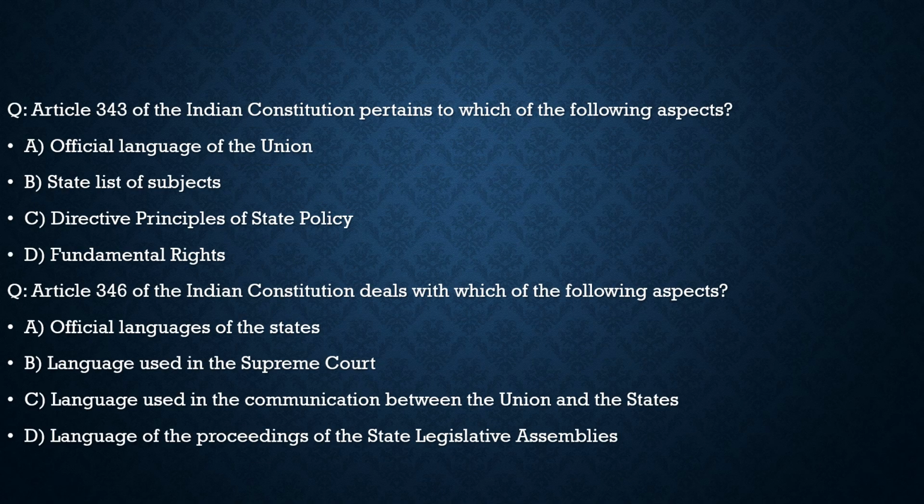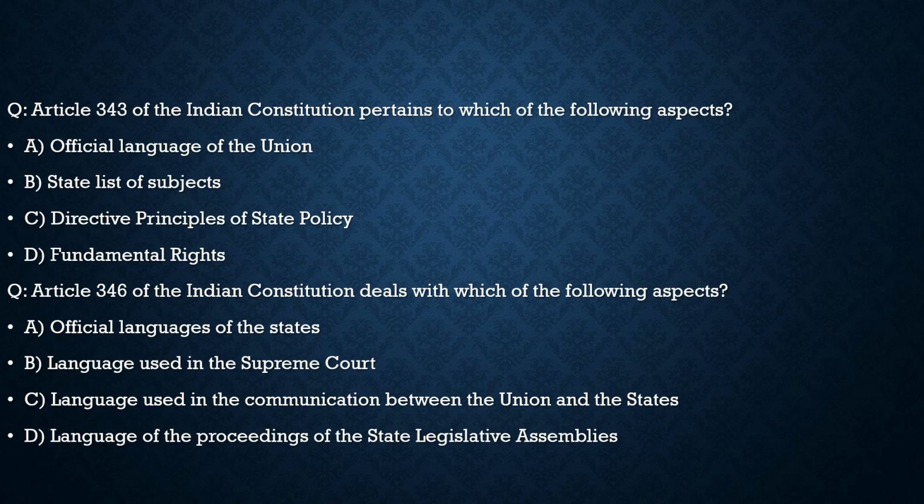The first question is about Article 343. It says, Article 343 of the Indian Constitution pertains to which of the following aspects? So what do you think? What is the correct answer? Is it the official languages of the Union? Is it related to the state list of subjects? Is it related to the directive principles of state policy? Totally incorrect.